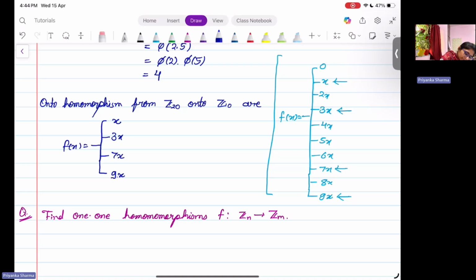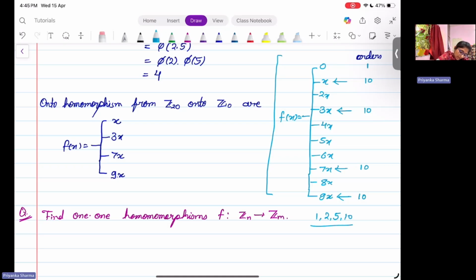If I write the orders, the order of 0 is 1, the order of 1 is 10, and they all have order 10. What are the possible orders? They are 1, 2, 5, and 10, that is the divisors of 10.